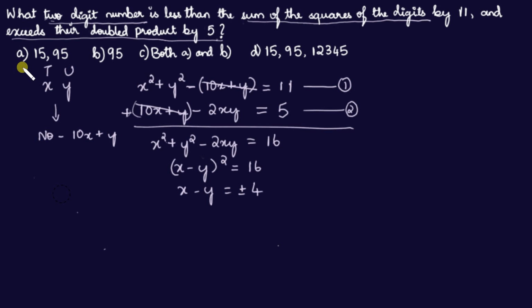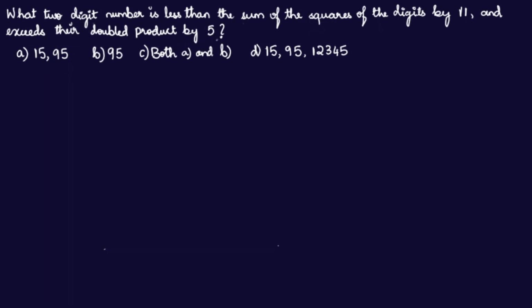Now, this is very good to do with the method of algebra, but if we actually have to do it for CAT, it's just the two numbers that I have to consider, which are 15 and 95.